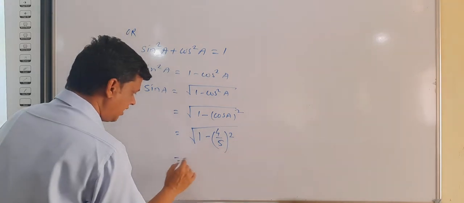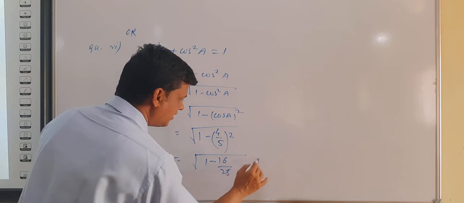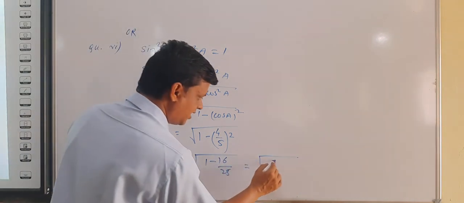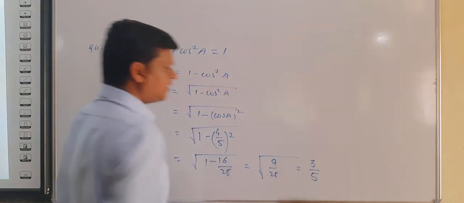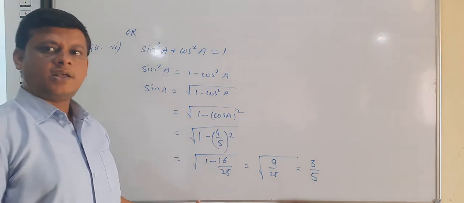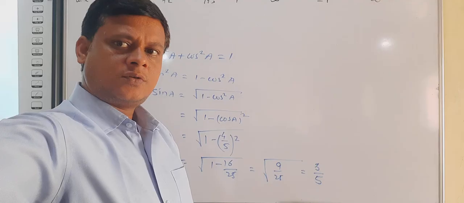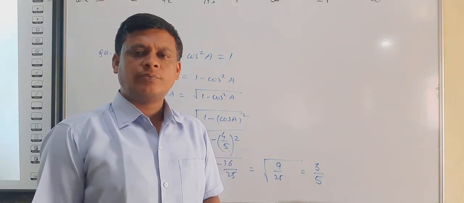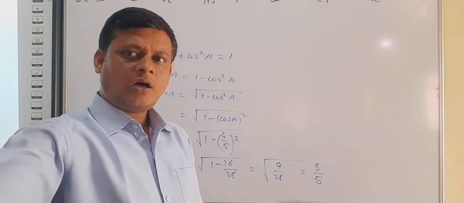So after squaring we get 1 minus 16 by 25, that is equal to the square root of 25 minus 16 upon 25, that is 9 by 25, which is equal to 3 by 5. In this way also you can find the value of sin A. So in this way you can solve problems easily if you know the formulas. So try to remember all these formulas.